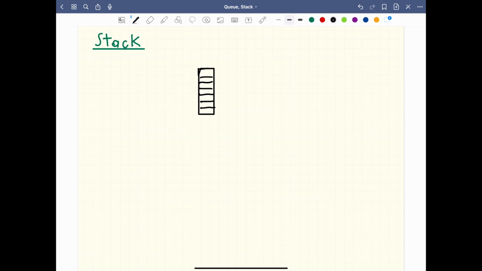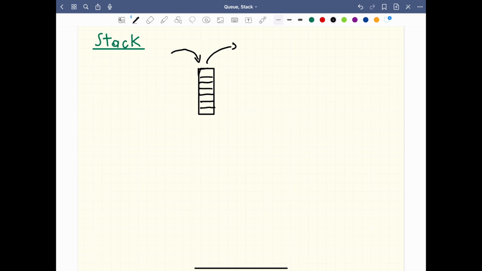The very important and big difference when it comes to stack and queue is that adding something to the stack is done from the top, and removing something from the stack is also done from the top. That's the very big difference.